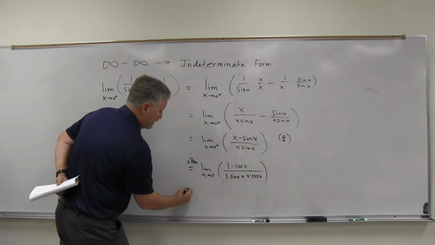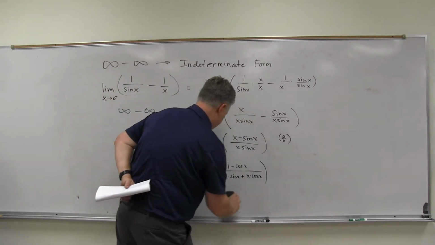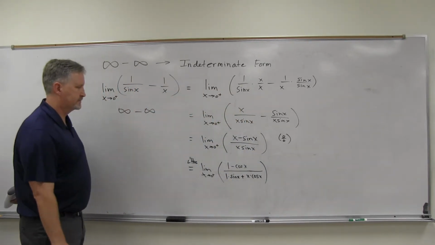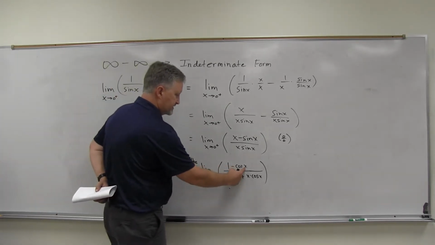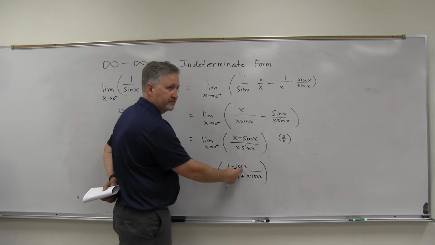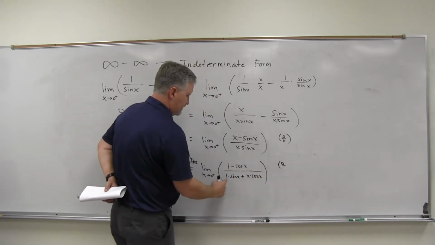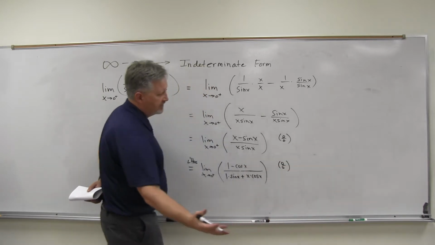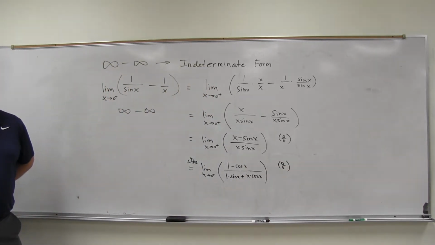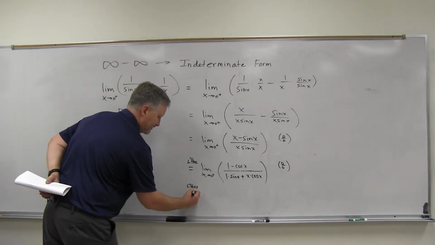All right, so let's see. Did that do anything? x goes to 0, so we got 1 minus cosine 0, 1 minus 1 is 0. And then 0 plus 0. All right, so we didn't accomplish anything. We still have 0 over 0, so we're not going anywhere with this.